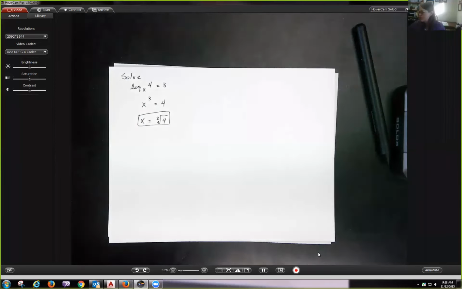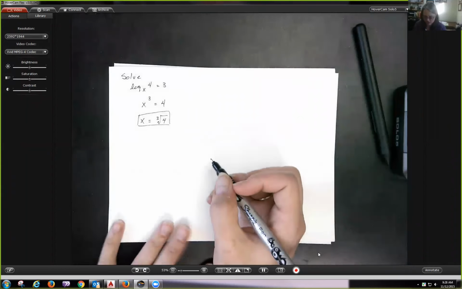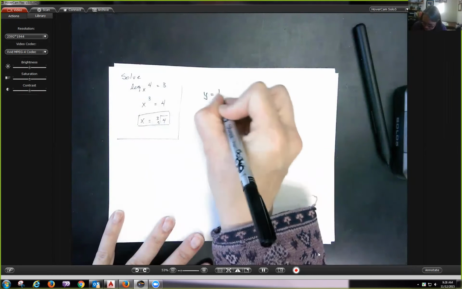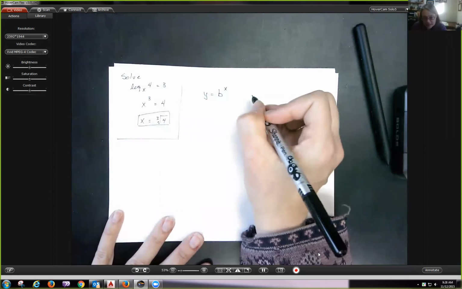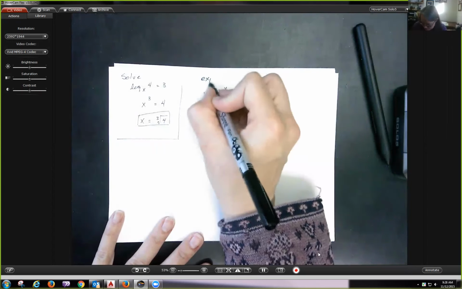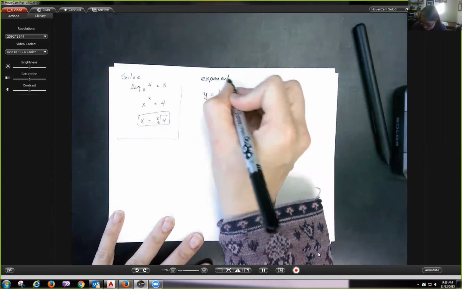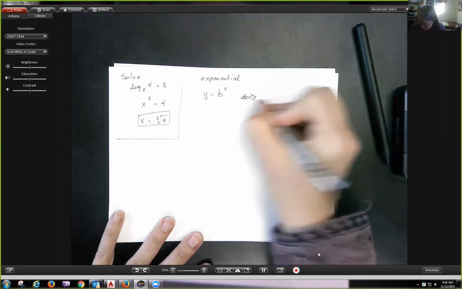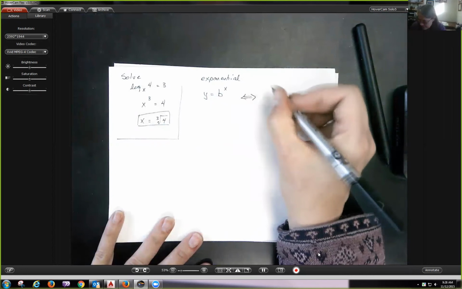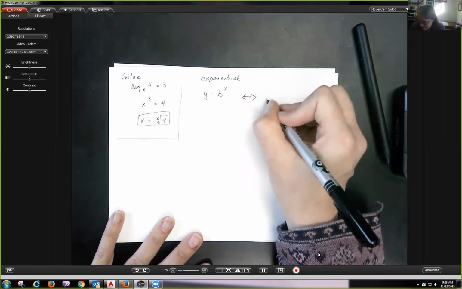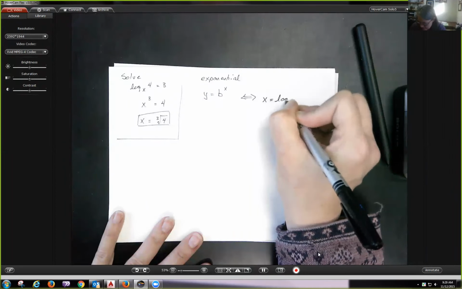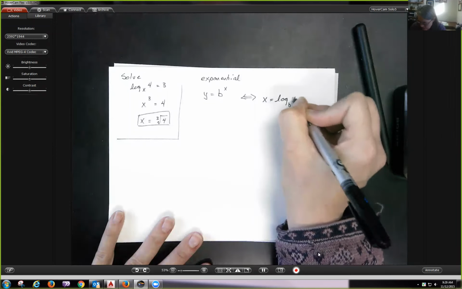So what have we learned in this video? The main thing you need to take away from this is the equivalency between y equals b to the x, that is the exponential form, and the fact that x equals the log base b of y.